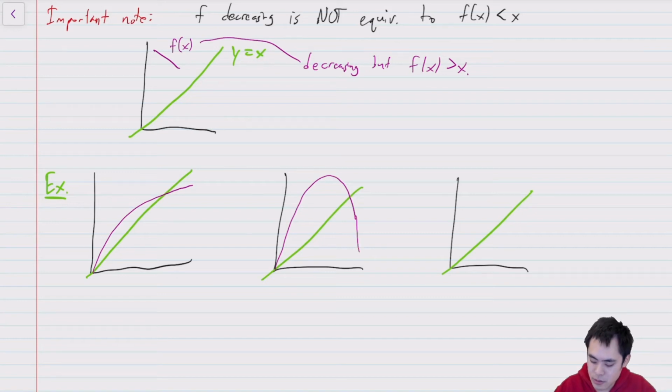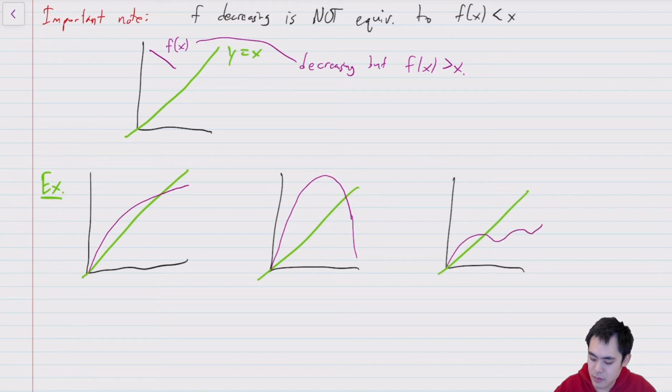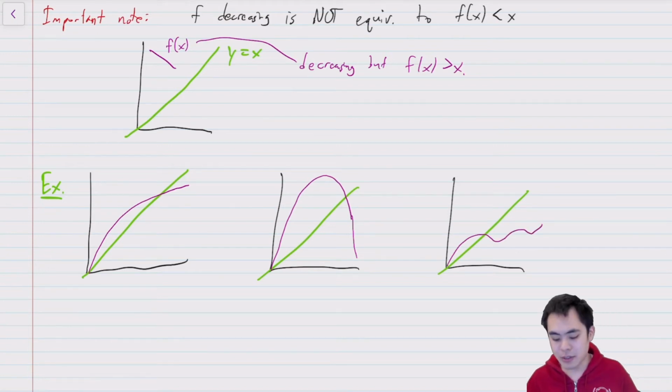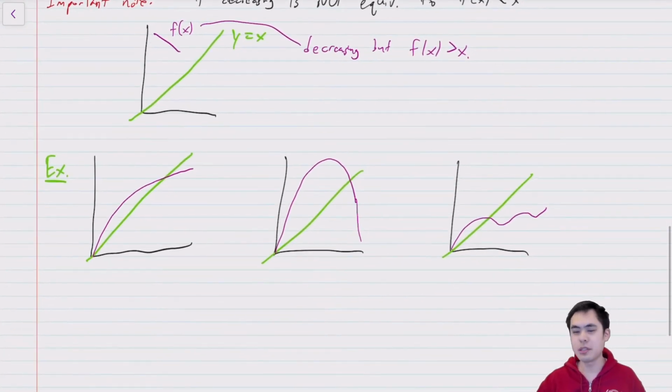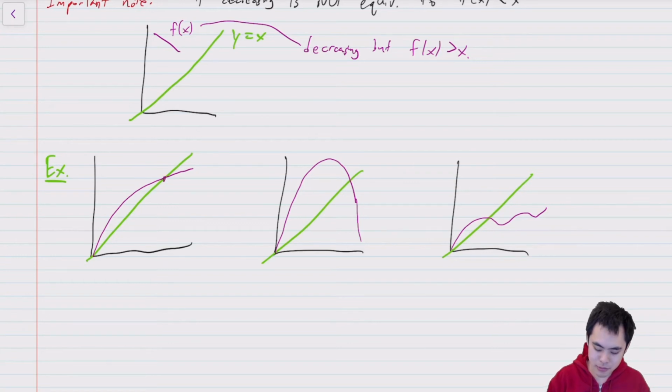And you can also do something like that. So those all satisfy the conditions that we described above. And if you wait for the next video, we'll actually walk through an example of an actual equation. But these are some pictures, just to give you some intuition of what's happening. So each of these has a globally asymptotically stable equilibrium at that point.